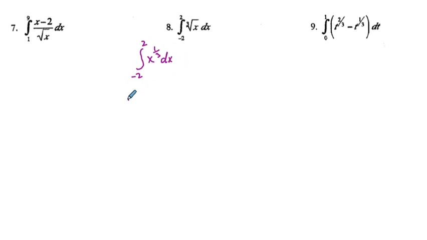And the integral of this is going to be x to the 1/3 plus 1, which is 4/3. And then we're going to divide by 4/3, which is the same as multiplying by 3/4. And then we're going to evaluate that from negative 2 to 2.